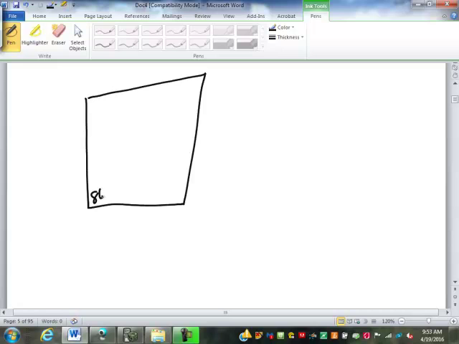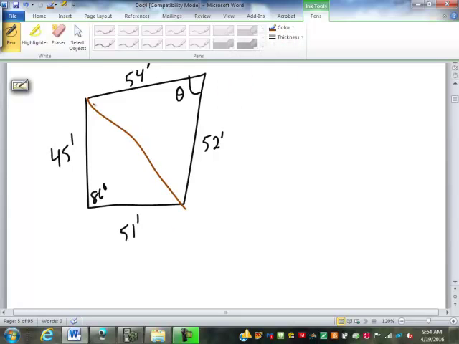You've got 86 degrees here, 45 feet, 51 feet, 54 feet, and 52 feet here. And you're looking for this angle up here. You're going to have to cut it this way. Pretend that's a straight line.